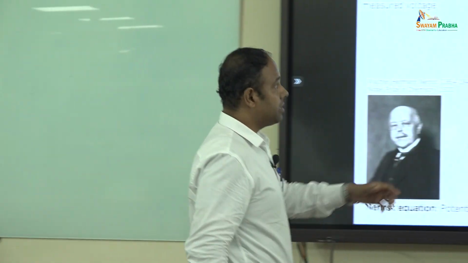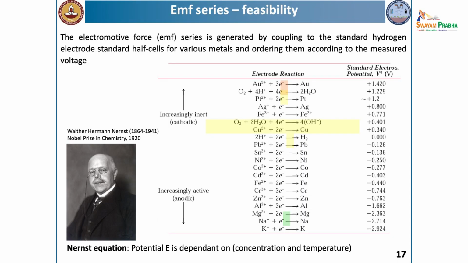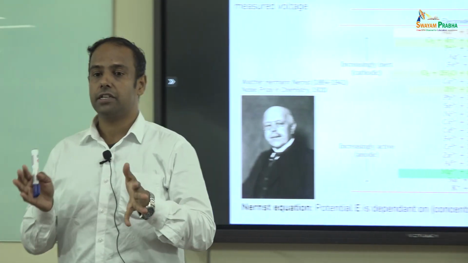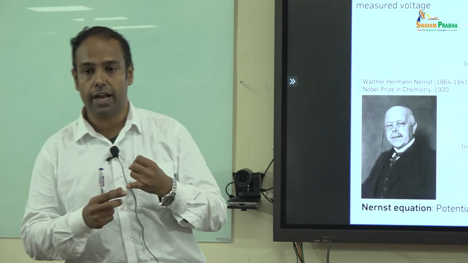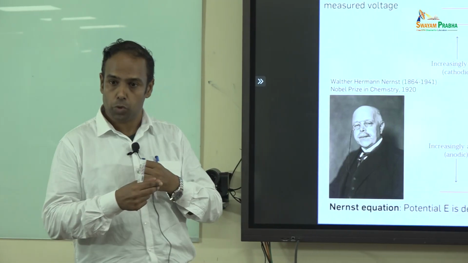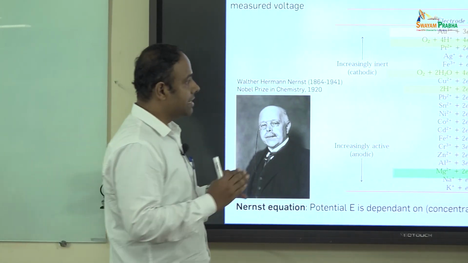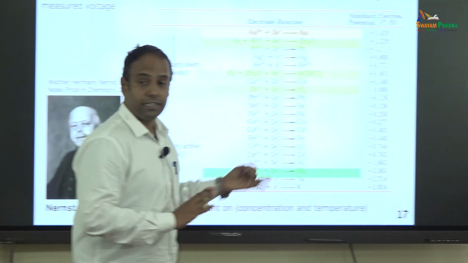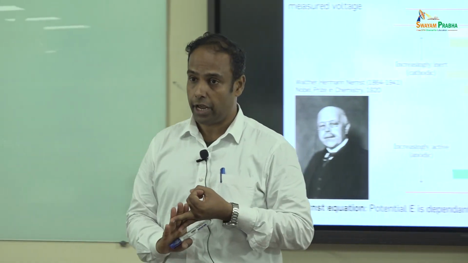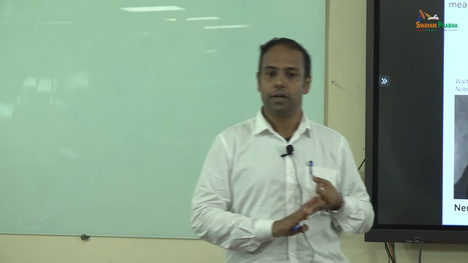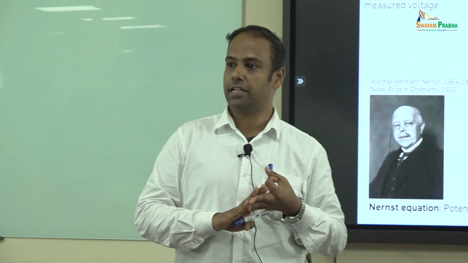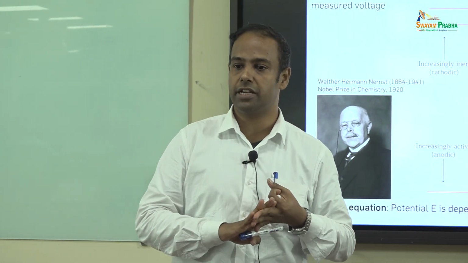And another point is, this potential is for what conditions? It is at fixed standard conditions. That is basically at 1 molar of its own ion. It could be activity or concentration. We will come to that later. Second, we say that this is at room temperature of 298 Kelvin, and the partial pressure of gases involved is at 1 atmosphere. But in a corrosion scenario, do we experience this environment, or do we see a different environment?